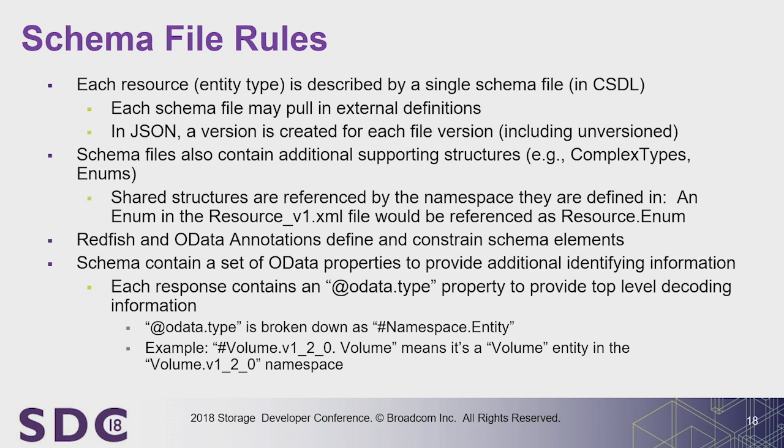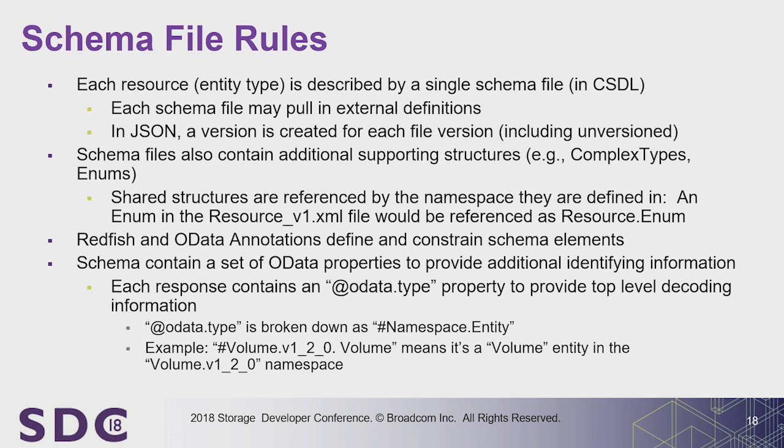There's a lot of annotations, both Redfish and OData, that define and constrain. If I were going through the full explanation, this would make more sense because I'd be showing you a bunch of examples with them. The annotations are split between Redfish annotations and OData annotations, but most everything in there is either a primary, a type, a property, or an annotation that constrains everything.